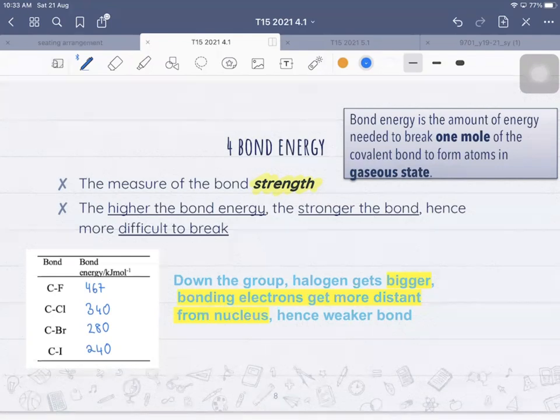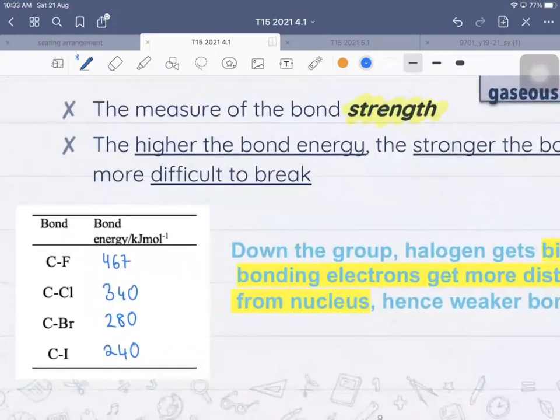You can see that the carbon-fluorine bond has the biggest bond energy, which means this is the strongest bond. You need 467 kilojoules of energy to break 1 mole of that bond, whereas for carbon-iodine, you only need 240 kilojoules to break 1 mole of the carbon-iodine bond.